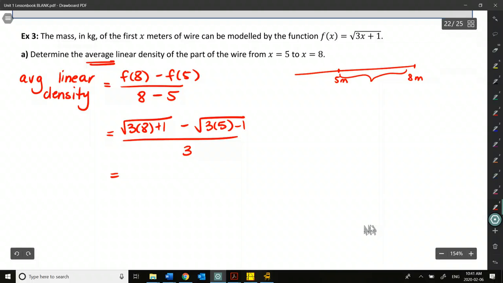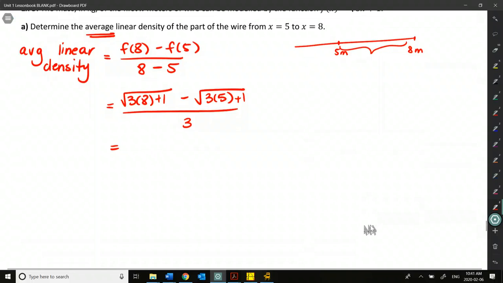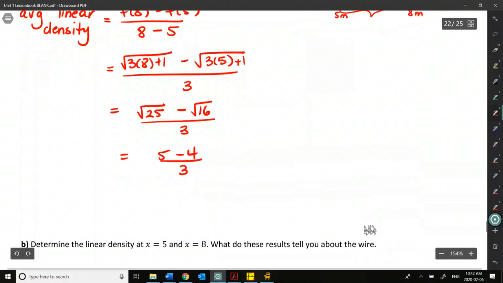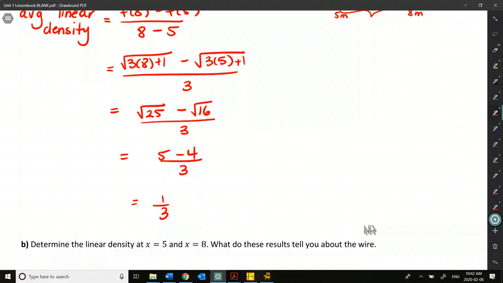Oh, sorry, plus 1. These. Okay, so we're getting root 25 and root 16. That's nice because we can just find the square roots as whole numbers, and then we can just leave it in fraction form here. So 1/3.